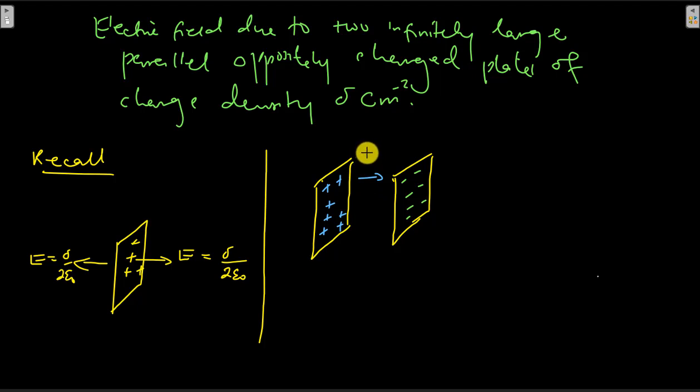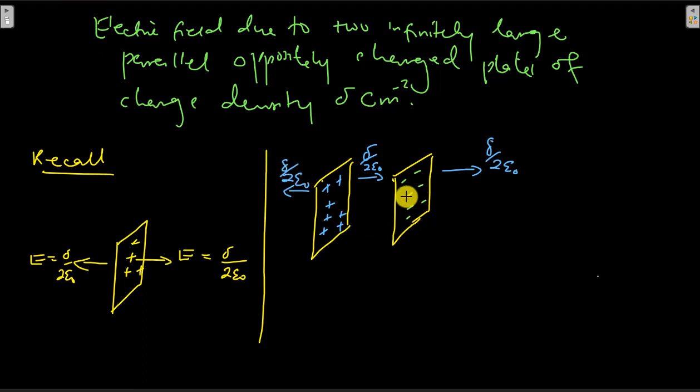sigma over 2 epsilon naught. Also outside on the other side, the electric field due to this plate is still going to be sigma divided by 2 epsilon naught. Also this side, the electric field is going to point in this direction, sigma over 2 epsilon naught.